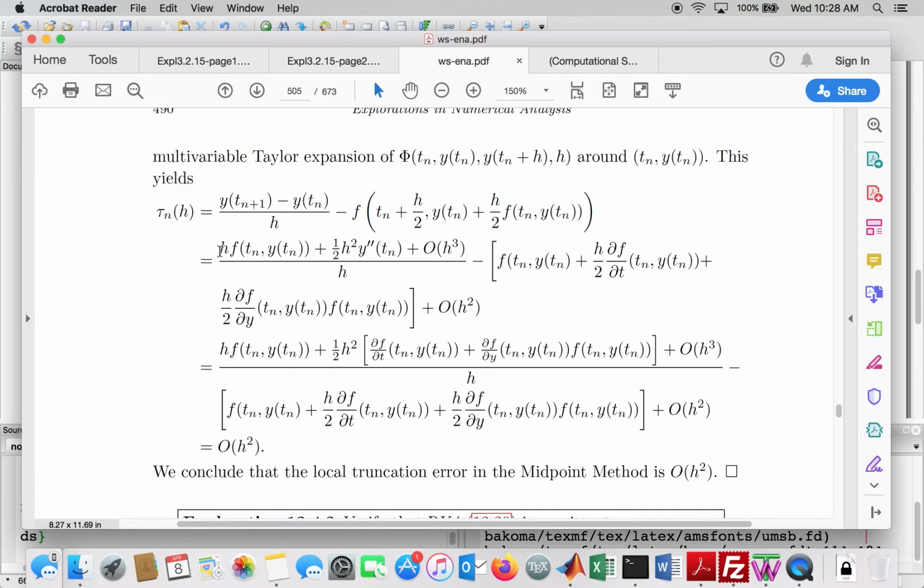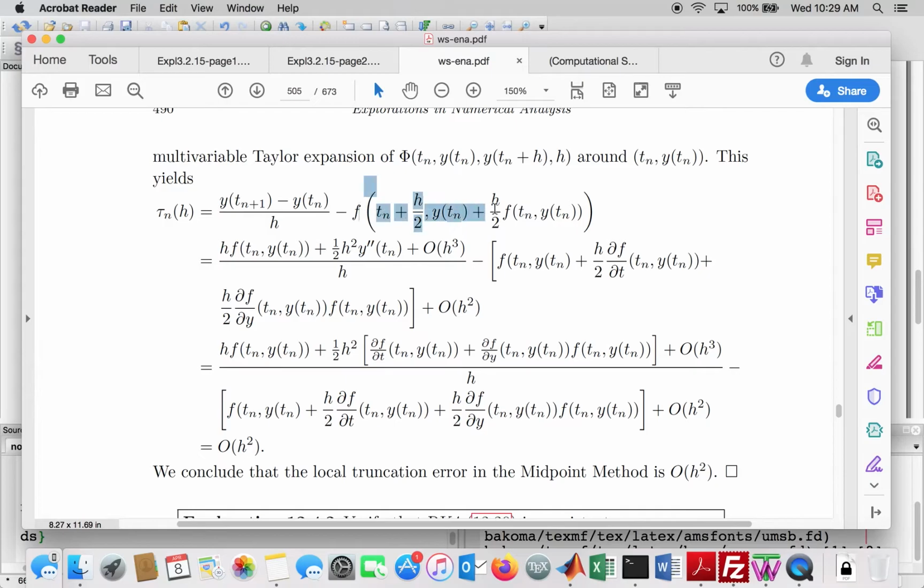The second term is h y prime, but y prime is equal to f, because it's the exact solution. Then we have this term from the second derivative, and higher order terms that are order h cubed. I probably could have stopped the Taylor expansion here in this case, but either way.